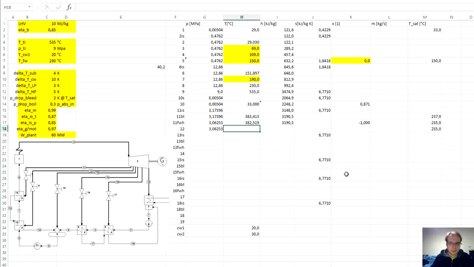But the temperature will be temperature at 0.7 plus minimum temperature difference for the high pressure part of the cycle. We have pressure, we have temperature, we can get enthalpy as function of these two. So for example it was at state number 9, same function that we want. And we get the enthalpy.